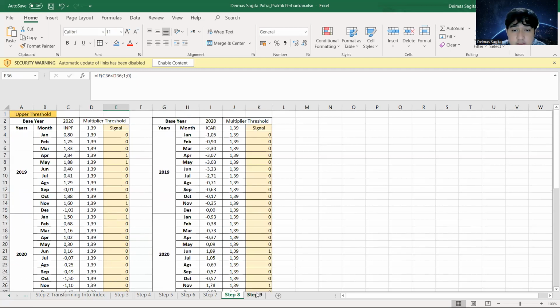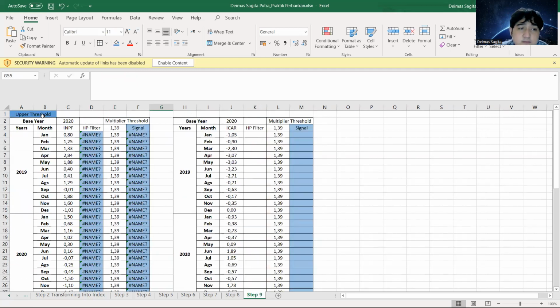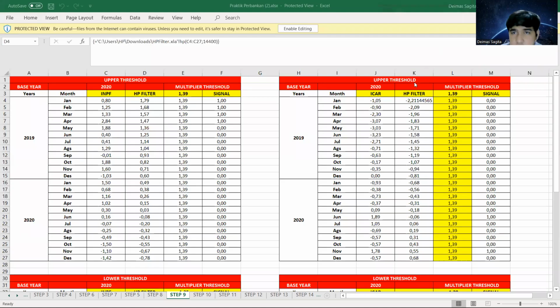So let's continue to step 9. HP filter. Oh, sorry. Wait. Sorry, there's some problem. Okay, let's continue.